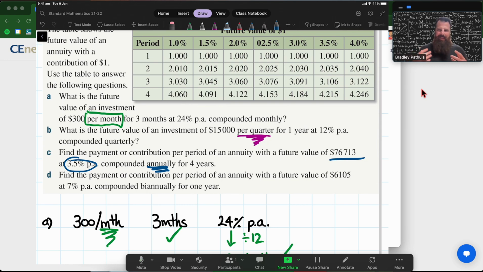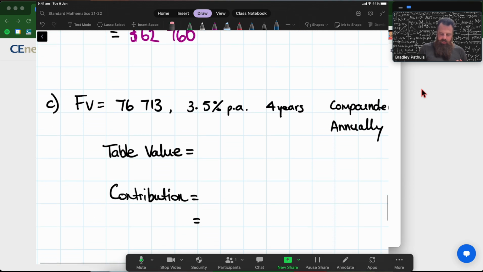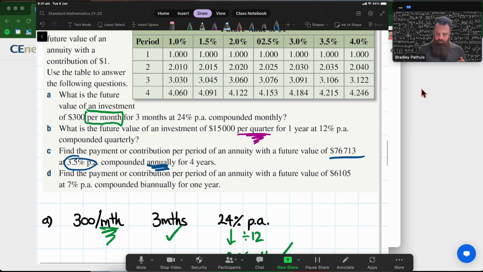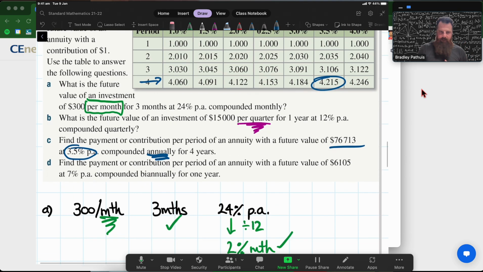So here we want everything to be in years. If I go back and check, that's in years, that's in years, that's in years. I'm all happy. 3.5%, 4 years, let's go. So 3.5% for 4 years, 4.215.